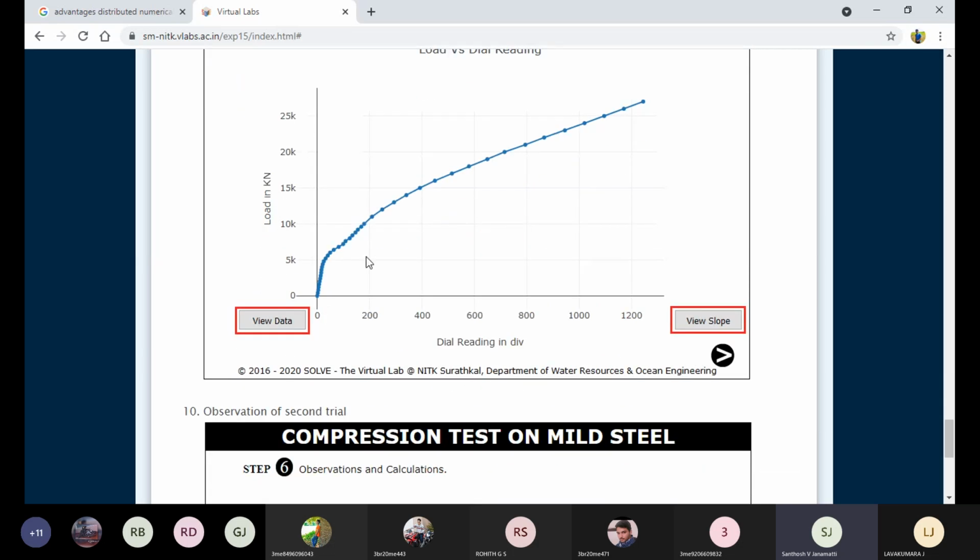With the help of the stress and strain diagram, these are the displacements and these are the loads. On the x-axis you can take the loads and on the y-axis the deformations. Deformation versus load. Now you can plot the graph. The graph looks like this.